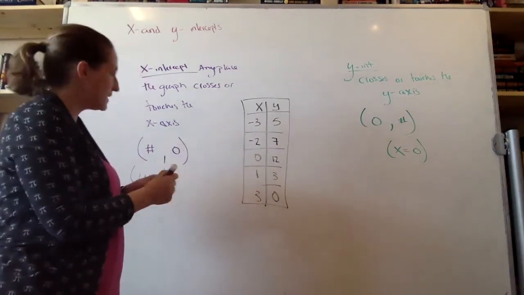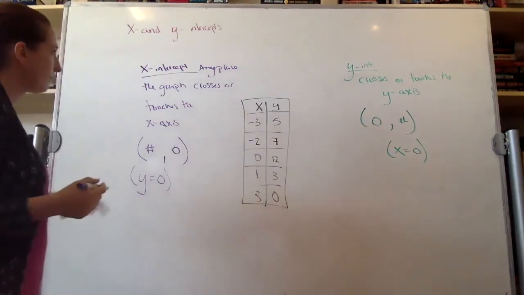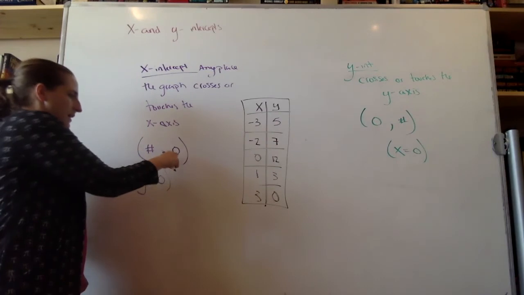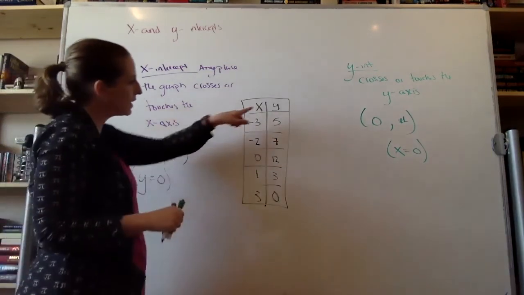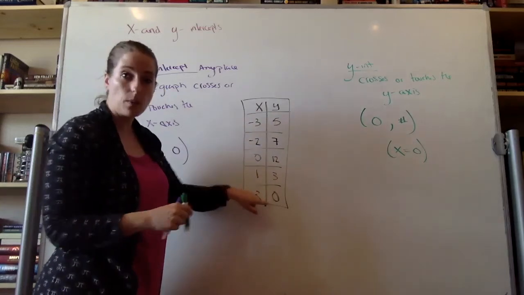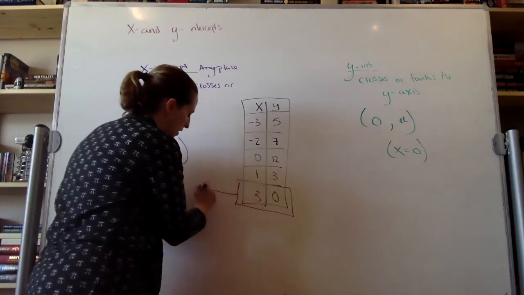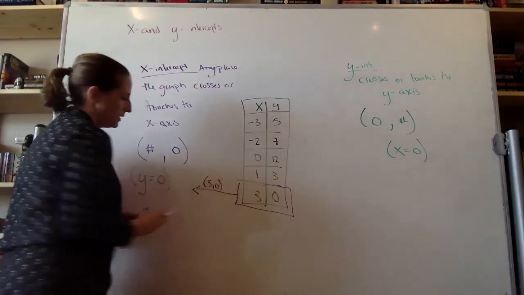Let's see if we can use this table to find out if there are any x-intercepts listed or any y-intercepts listed. Well, x-intercepts, remember, have this form: a number and 0. In other words, y is 0. So if I look at our table, hey, look, here y is 0. So this row of our table represents an x-intercept: the x-intercept (3, 0).